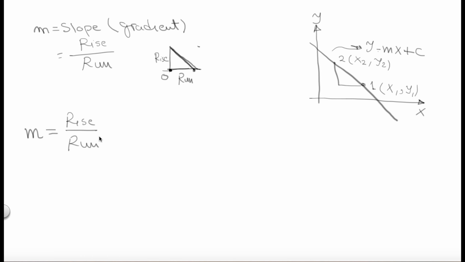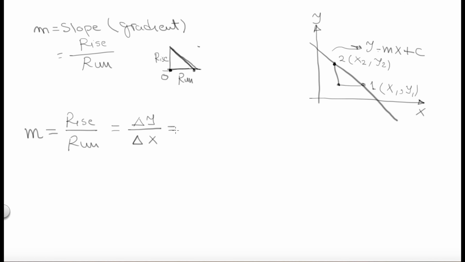And what is rise? Rise is the difference between the y coordinate here, y2, and the y coordinate here. We know, of course, that delta is the mathematical symbol for difference. And what is run? Run is the difference between the x coordinate of point 2 and the x coordinate of point 1, so it could be delta x.